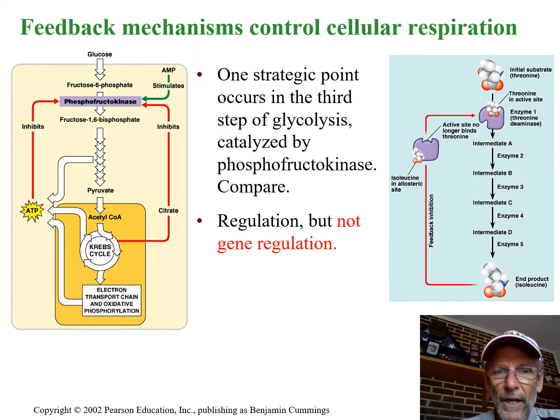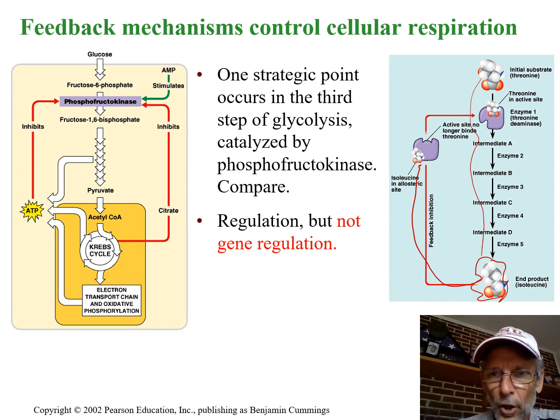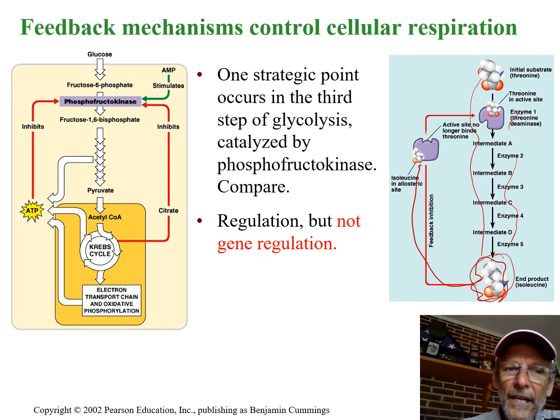Okay, so the final one is that just like we had in the last thing, a feedback mechanism whereby if this product piles up, it itself can inhibit an enzyme early in the pathway to very efficiently shut the pathway off if we have a lot of its product. Here we have the same thing evolved in a few different ways.